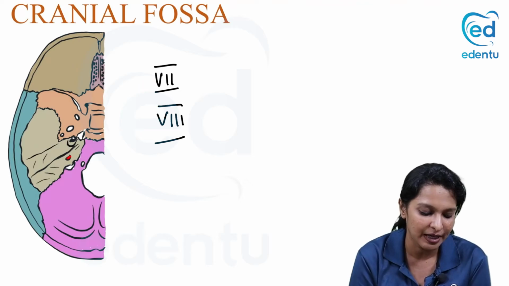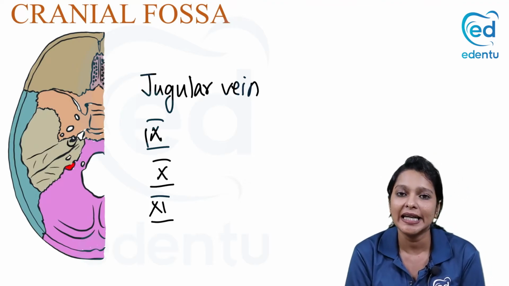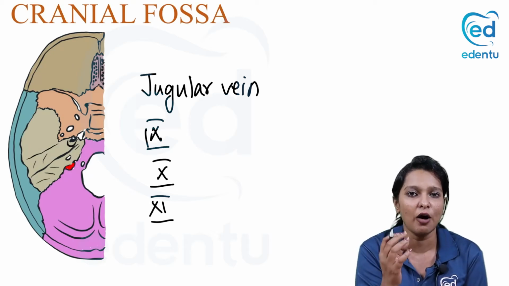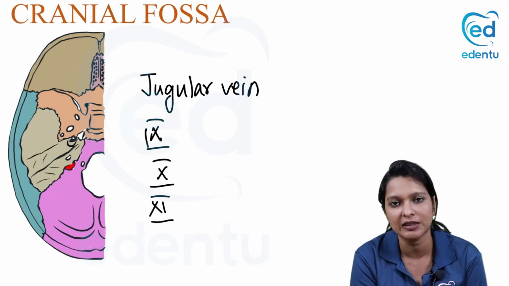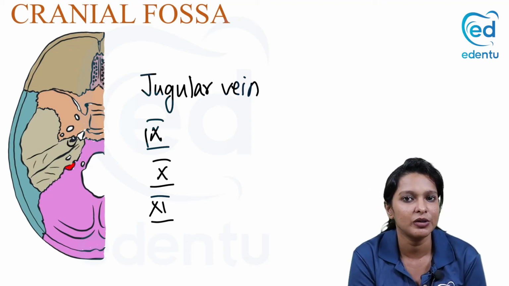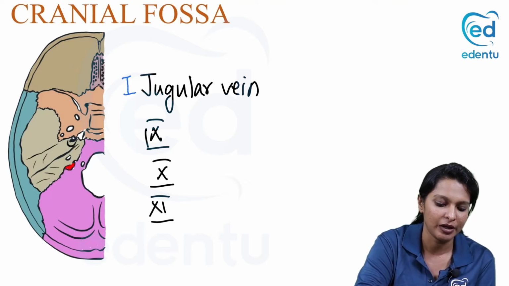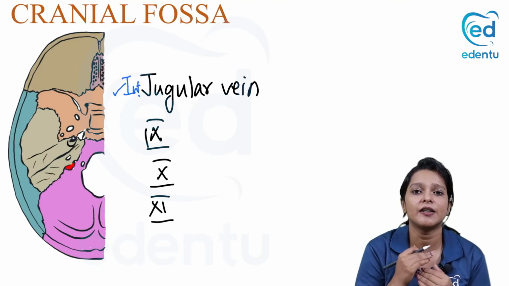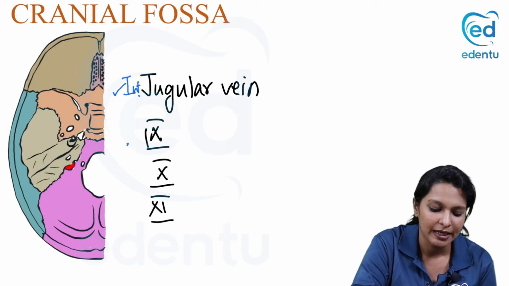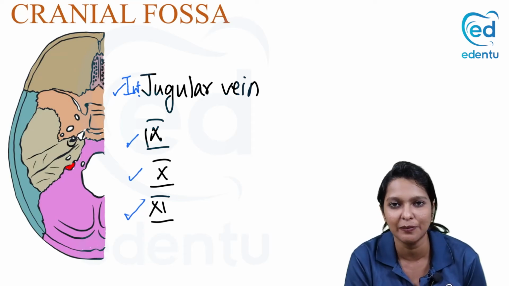And then we have the next foramen, that is called the jugular foramen. The internal jugular vein will form inside the cranial cavity. Okay, it exits the skull through this foramen, through the jugular foramen, internal jugular vein. In addition to that, so far we've seen the cranial nerves till number 8. 9, 10 and 11 cranial nerves pass through the same foramen.